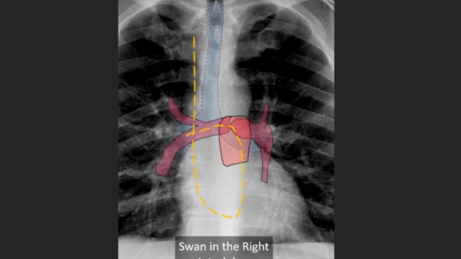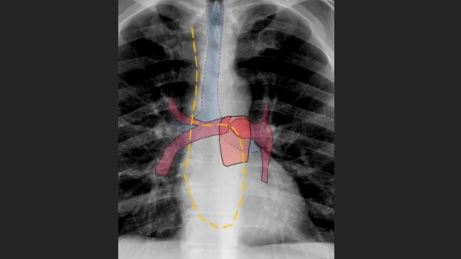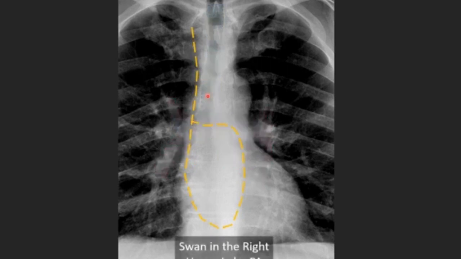So it crosses the hilar area there. The hilar or the hilum is like the root of your tree, the root of the branches of your pulmonary artery and structures. Now, if it goes up towards the right side, then it's usually going to the upper lobe pulmonary artery.